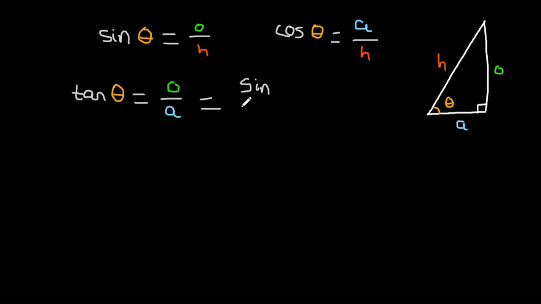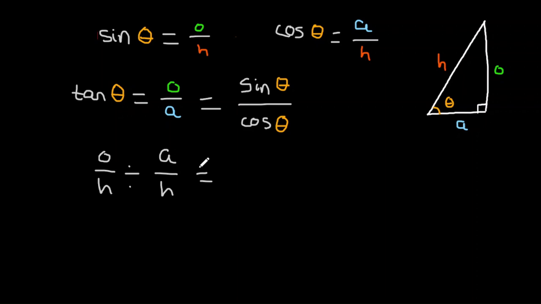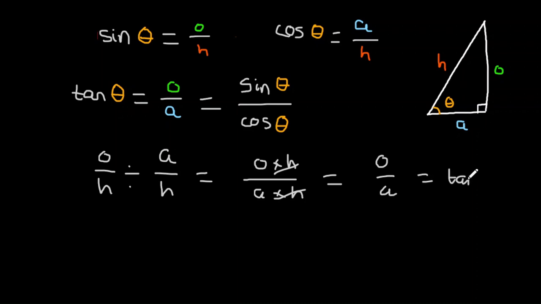Sine of theta over cos of theta, because O over H divided by A over H is equal to O times H over A times H. And this part cancels out to leave O over A, which is tan theta.